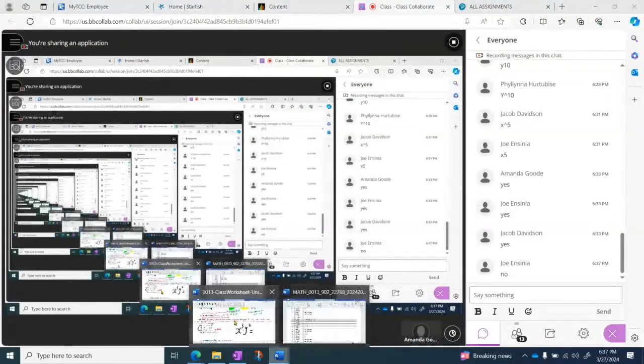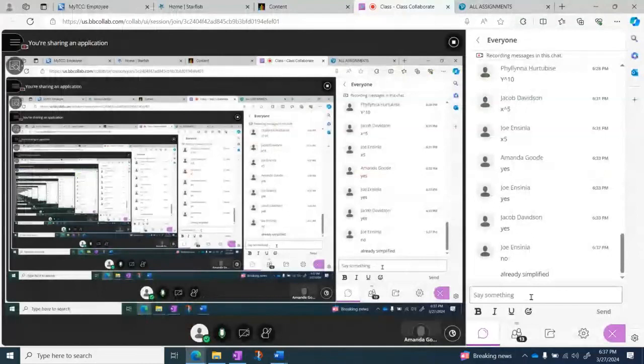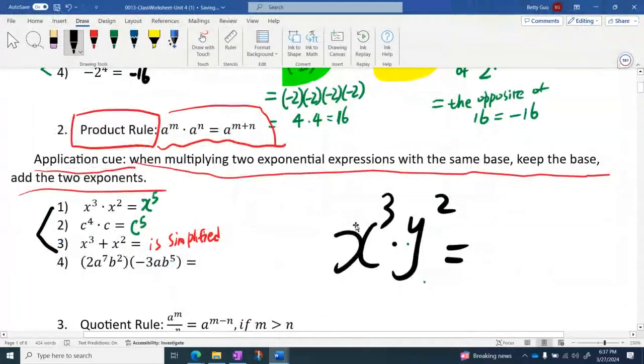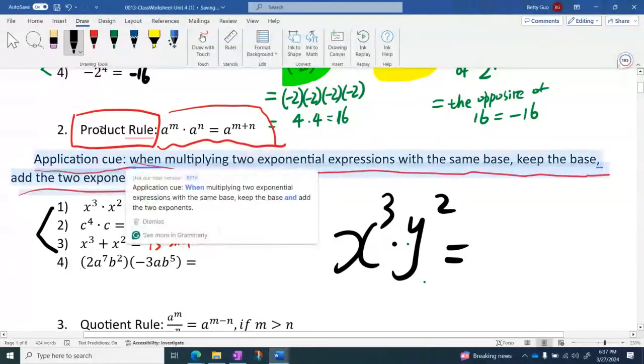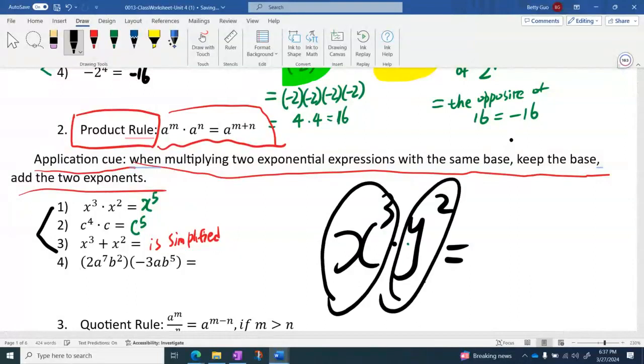The reason we can't is because they do not have the same base. Yeah, it's already simplified, exactly. The reason we cannot use the product rule to simplify this expression is because it's already simplified.